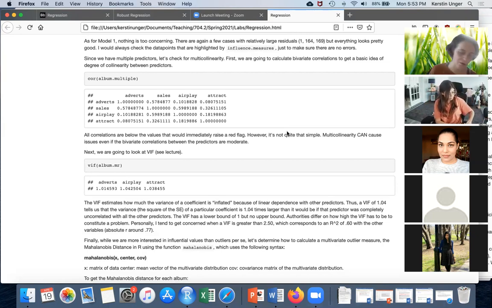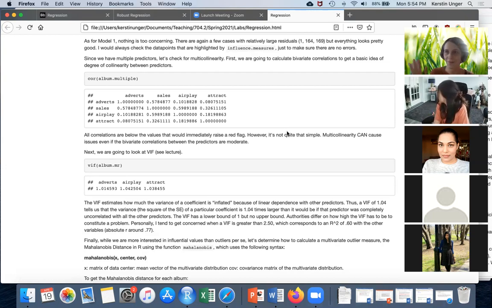And they cause the additional problem that they make the estimation of the regression weights extremely unstable. It makes the standard errors for the regression weights super large, so it inflates the standard errors.